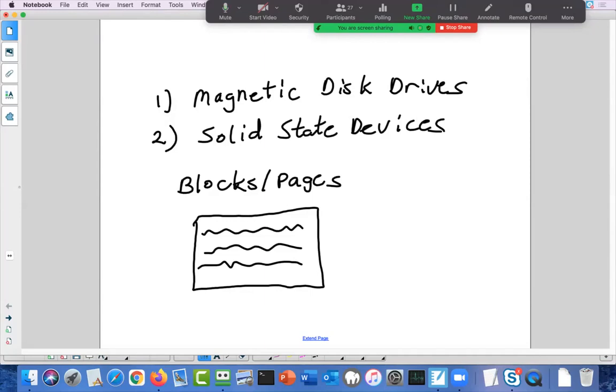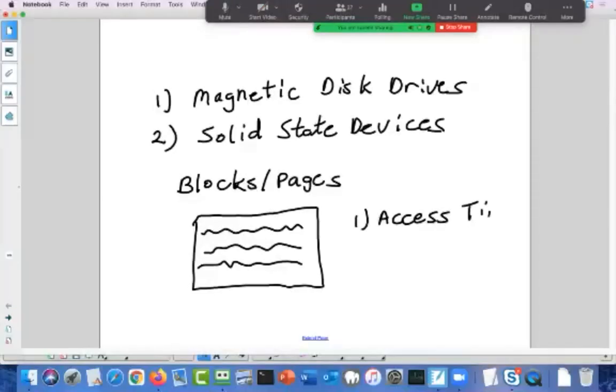So before we get there though, there's a couple more things we have to worry about, which is what costs us when we are going out to these things. The first thing we worry about is access time. And that is the time required to get to the point where we are ready to start transferring data.